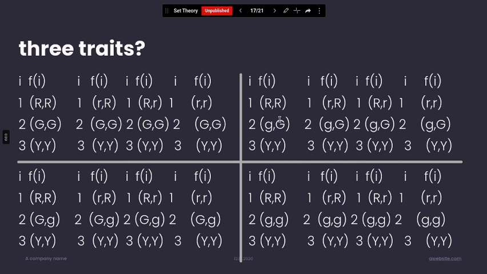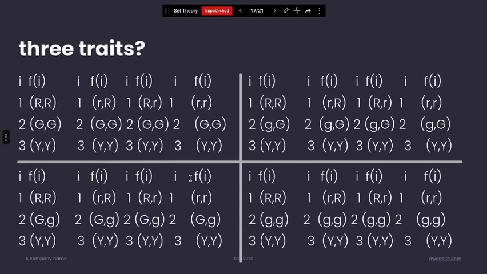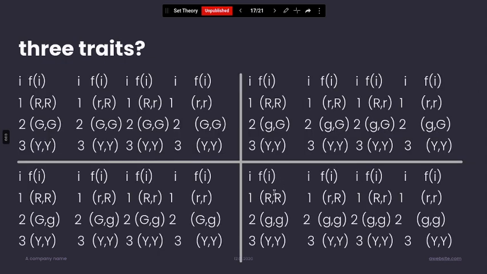It is going to be also constant, but at the second element of S2, which is G small, G capital. Now, I think you probably guessed what will happen in the third table. Just the same, F3 is constant at Y capital, F1 just variating as always. However, F2 is now held constant at the third element in S2. And of course, the fourth table is just the same, but F2 is held at the fourth element in S2.